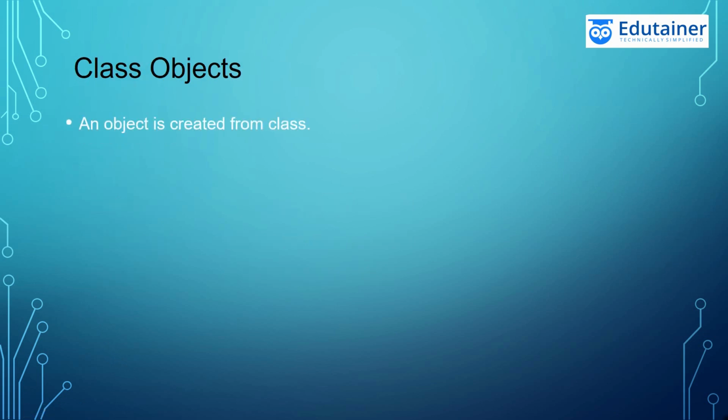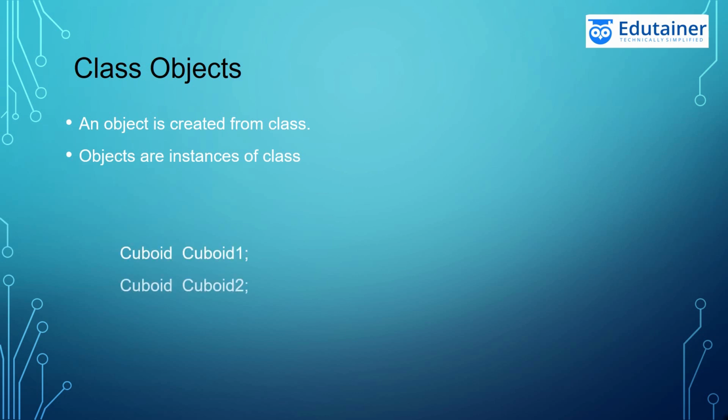Class objects. An object is created from the class. Whenever you want to access the class or call the variables, we will be using the objects. Objects are instances of classes. Over here you can see how we have defined the objects.